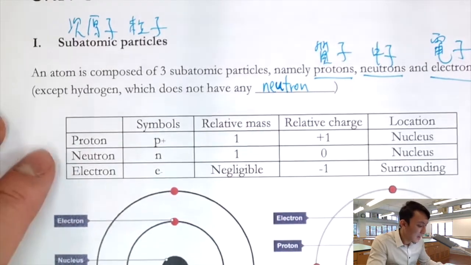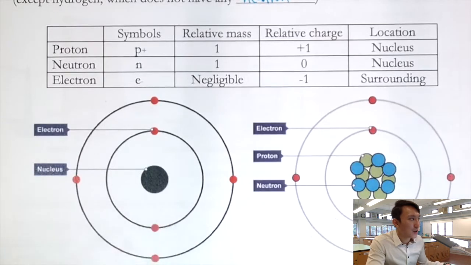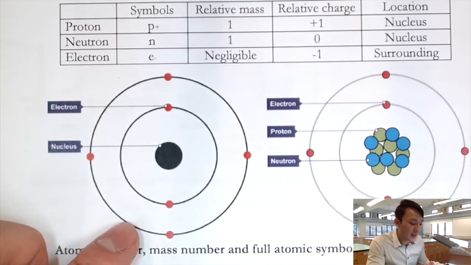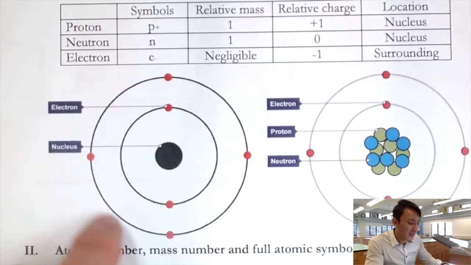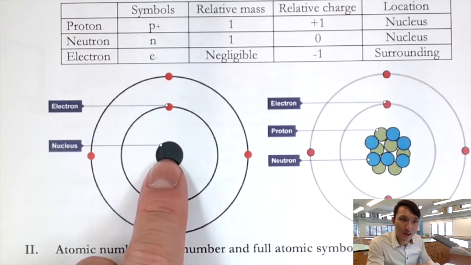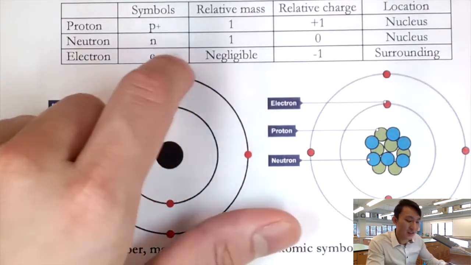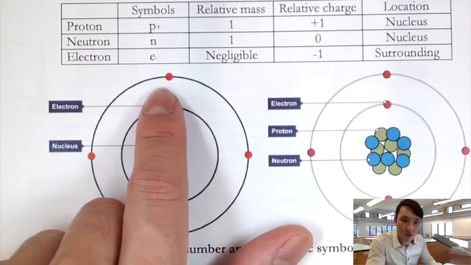Now, if you look at this diagram, we can describe the structure of an atom as having a nucleus and having electrons on the outside. In the middle of an atom is the nucleus, and on the outside, on the surrounding, we have electrons moving around.